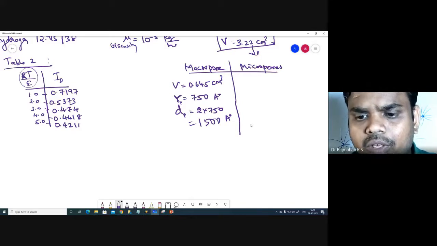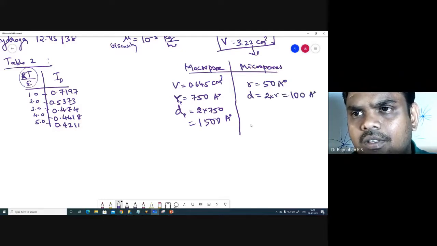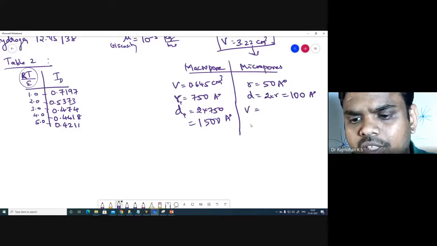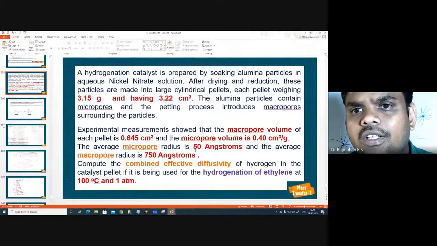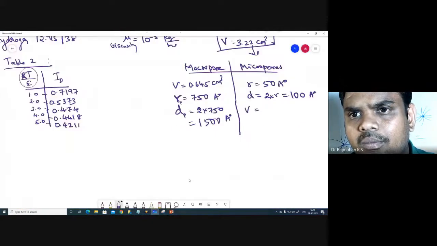Similarly, for micropore, the radius is 50 Angstrom, which means the diameter is 2 times radius, that is 100 Angstrom. The volume is given as a specific volume, per unit mass. The micropore volume is 0.40 centimeter cube per gram.